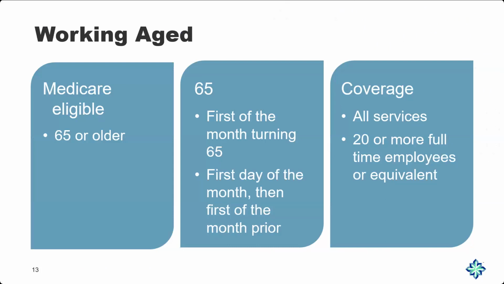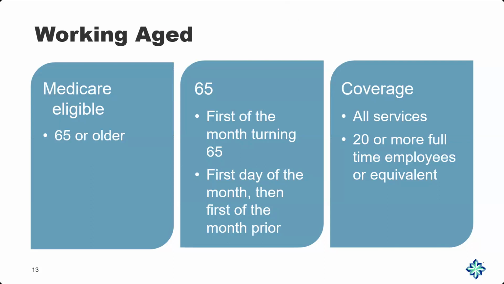Medicare eligibility does not begin on someone's 65th birthday. It does not do that. Medicare eligibility begins on the first of the month in which that person turns 65. So if your birthday is August 26th, you become Medicare eligible on August 1.